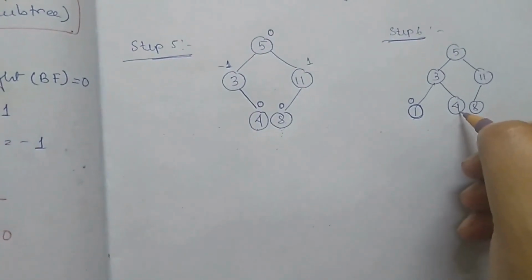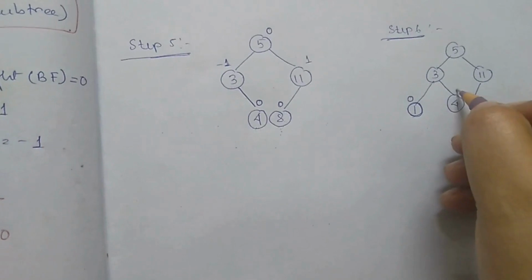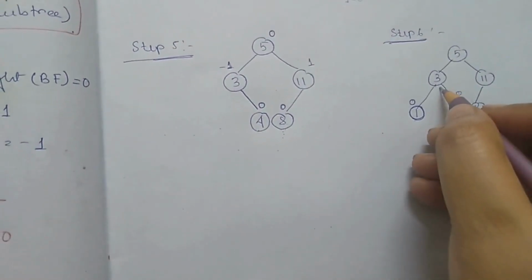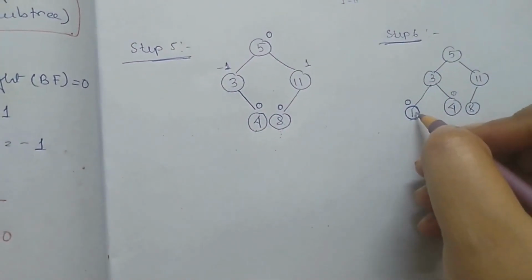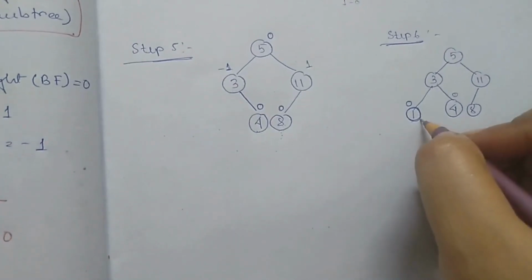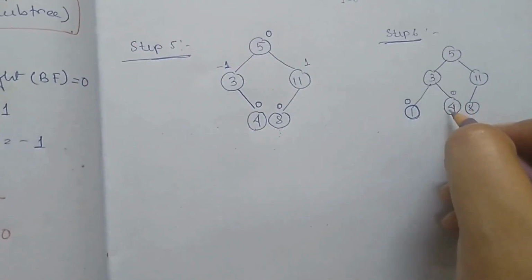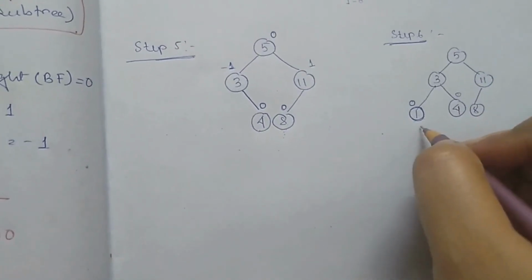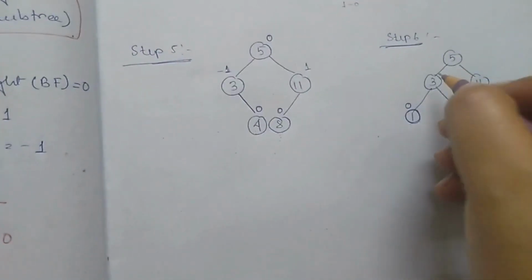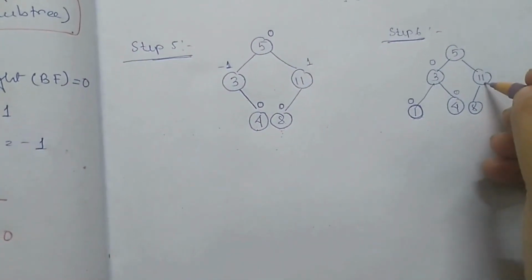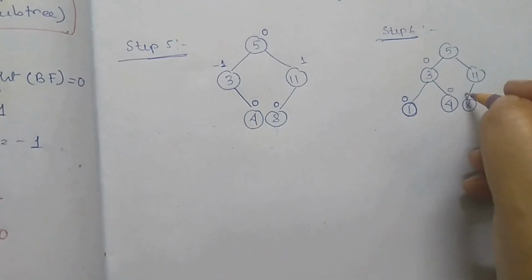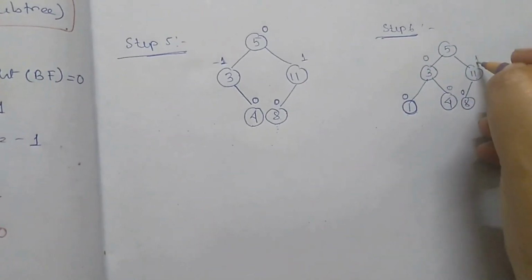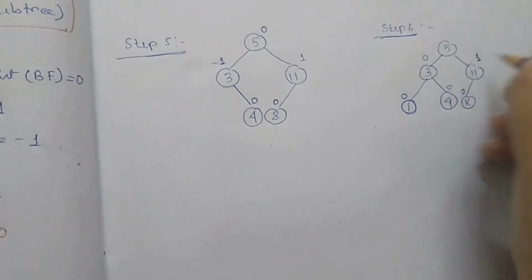And in a similar way the height of 4 is 0. Now when we consider the height of 3, there is one node in the left subtree as well as one node in the right subtree, that means 1 minus 1, the height of 3 is 0. And in a similar way there is no change, for that reason the value remains the same.